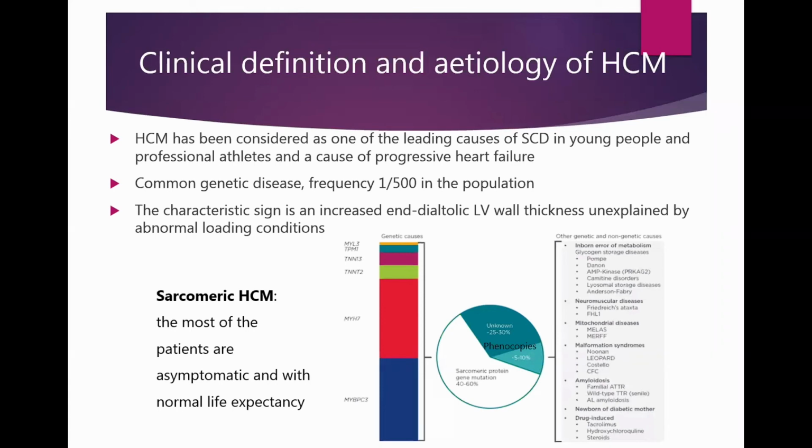As we know, in 40 to 60% of the cases, there is a sarcomeric protein gene mutation. Now we know that most of the patients are asymptomatic and have a normal life expectancy. In the rest of the cases, there are other genetic and non-genetic causes of hypertrophy, or in up to 30%, the reason is not known.